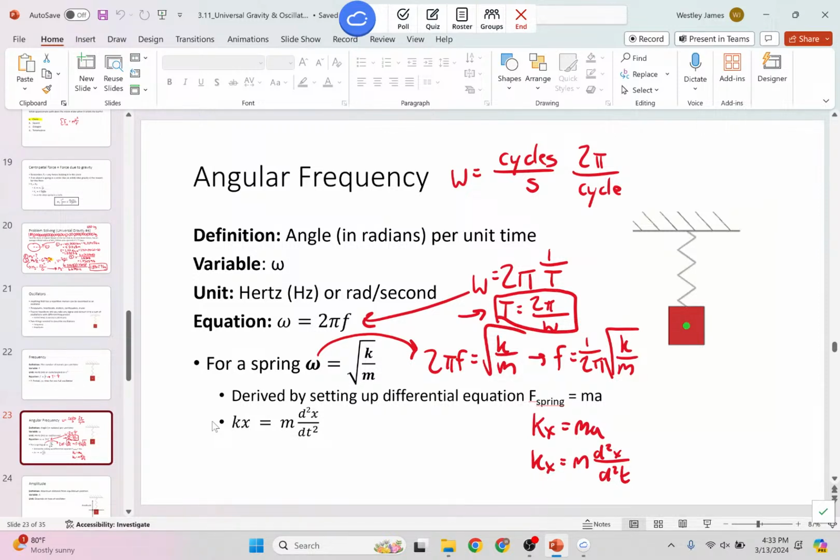Yeah? So frequency is just revolution? If it's going in a circle, it'll be revolutions. If it's wiggling back and forth, it would be oscillations. Whatever that repetitive motion is, take whatever one full thing. So if it's going in a circle, that's one full. How many revolutions per second?